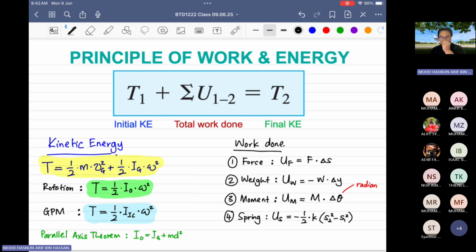I have explained in the class that both S2 and S1 are the elongation of the spring. So these are all that we have learned for the subtopic of work and energy. So let's go to an example question.